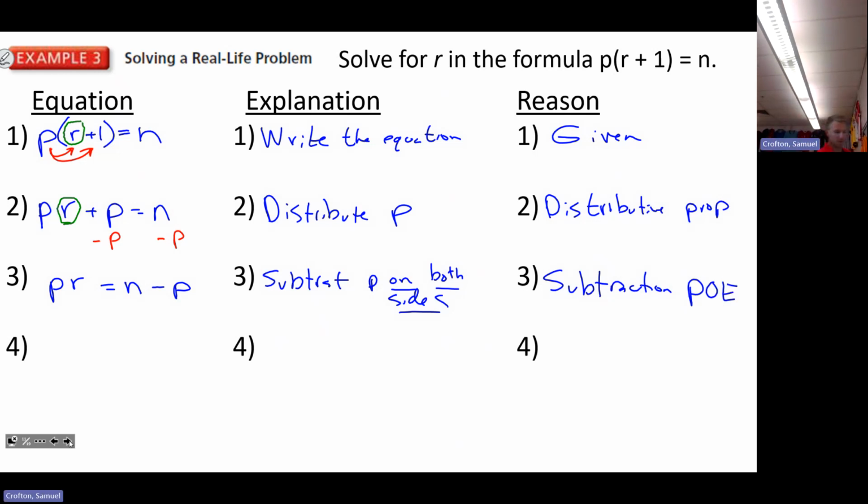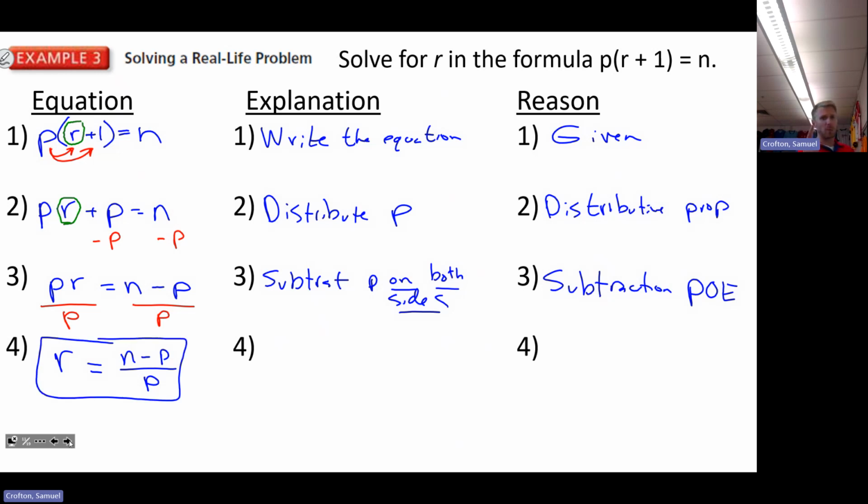And I'm really close, actually. Keeping in mind, my goal is to get R by itself. I'm almost there. If I just divide both sides by P, I'll be done. Be careful. Do not try to cancel the P values on top and bottom out. That does not work that way.